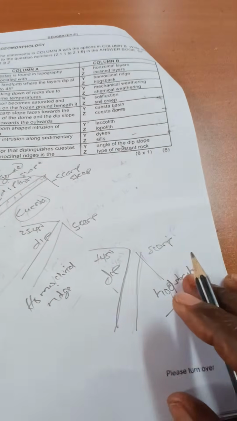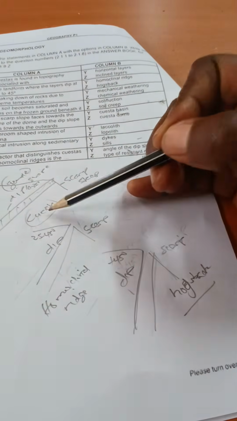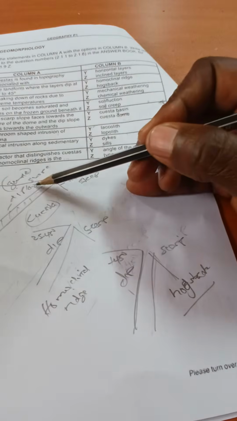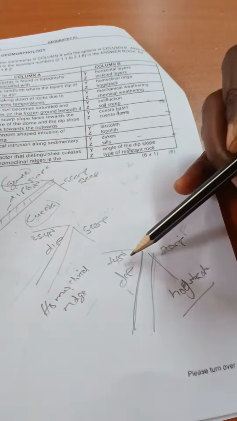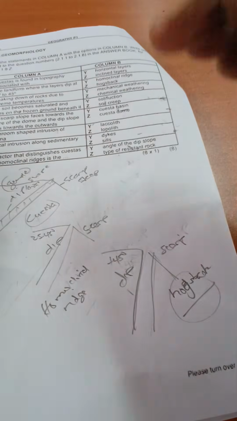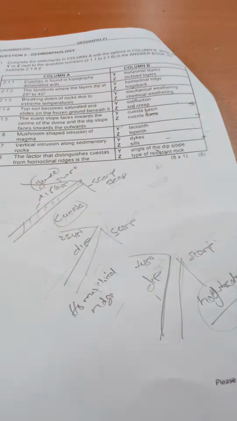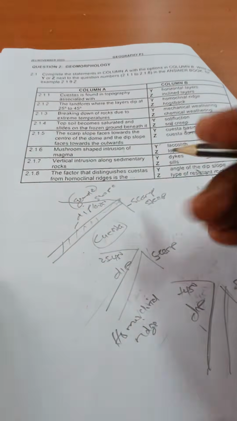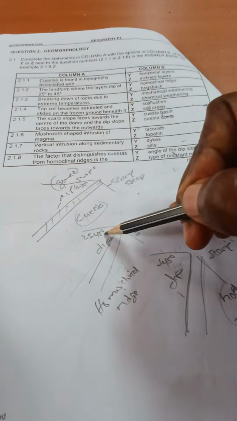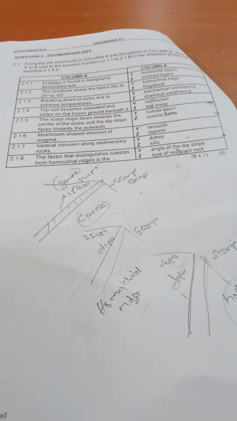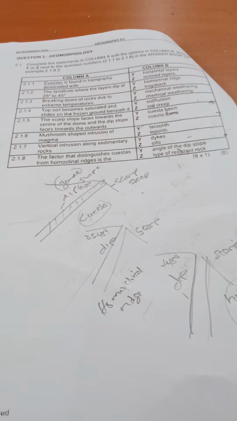So you've got your cuesta 10 to 25, your homoclinal 25 to 45, then your hogback that is above 45 degrees. What differentiates these ridges is the angle of inclination on your dip slope. You can see here 10 to 25, 25 to 45, above 45. That's what differentiates the different ridges as far as the inclined rock strata is concerned.